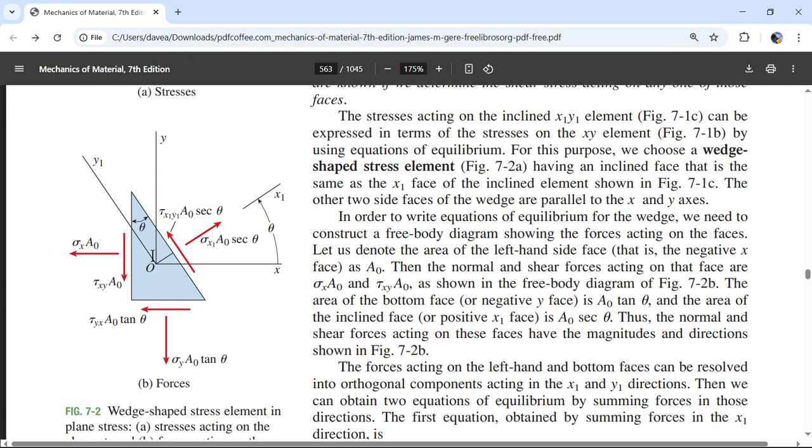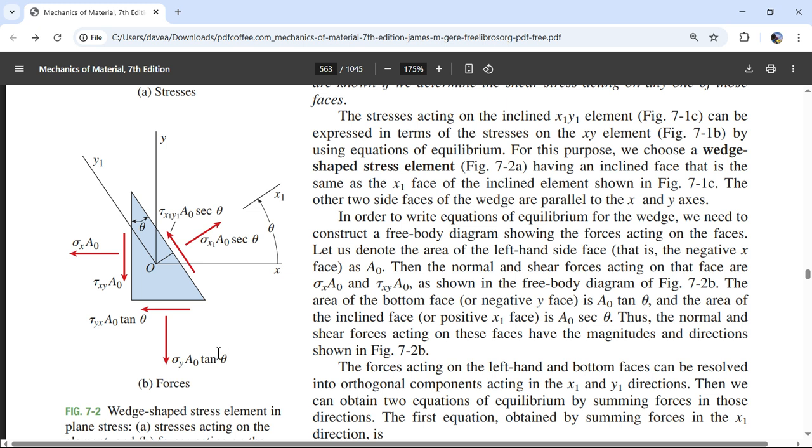If this is the angle and this is my arrow, I want to know the cosine component. If I take this as my triangle, this would be the right triangle. This arrow has to be my hypotenuse. This is my angle theta, and I want the cosine component. And it's going to be negative.